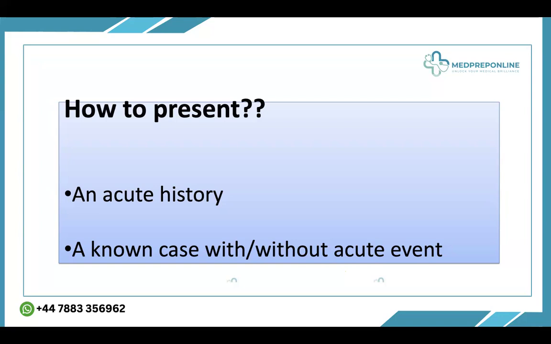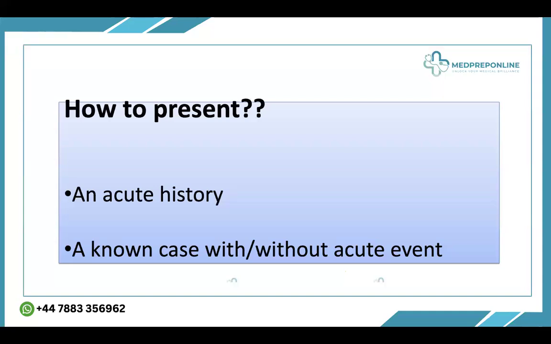How do you cater to both? For instance, if you have an acute history, you don't have to say in summary, my patient Ali, son of this. You can say, Ali, a 9 year old boy, presented to our emergency 5 days ago with complaints of headache, fever, and abdominal pain for 5 days.